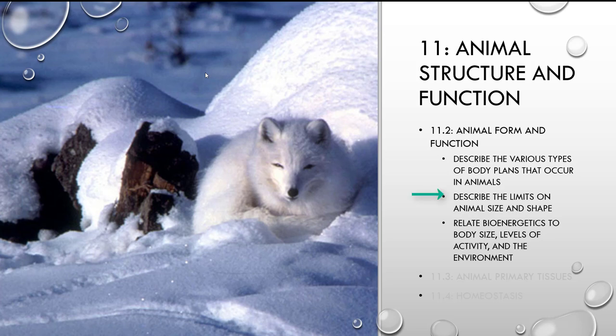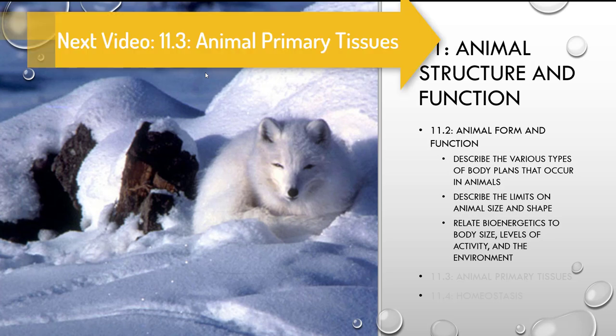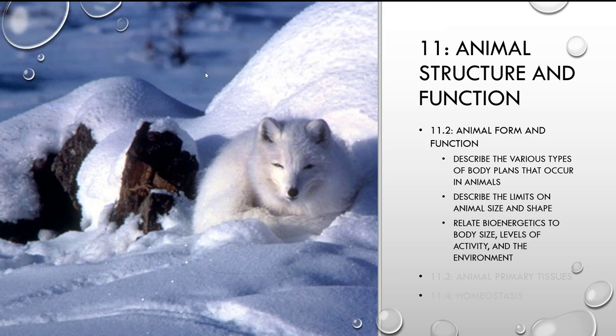Okay, so think about the surface area to volume ratios, as well as the exoskeletons and endoskeletons, and the BMR and the SMR, relating bioenergetics to body size, level of activity, and the environment. Okay, so all of those were covered in our video. So for the next video, we're going to get into 11.3, which talks about animal primary tissues.